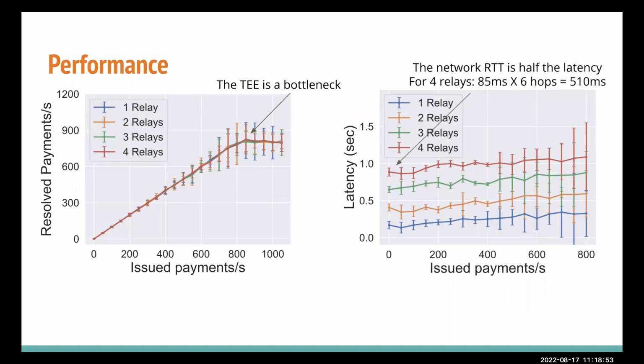We have a very fast latency for a single payment to be accepted, assuming that there are 4 intermediate relays between us. It's less than 1 second latency. Just think about the latency of using Visa. 1 second is pretty fast for a private payment system.